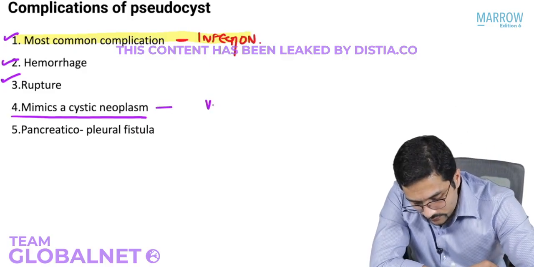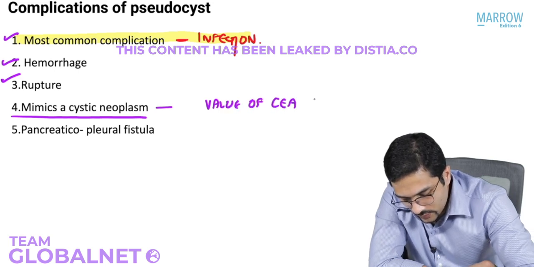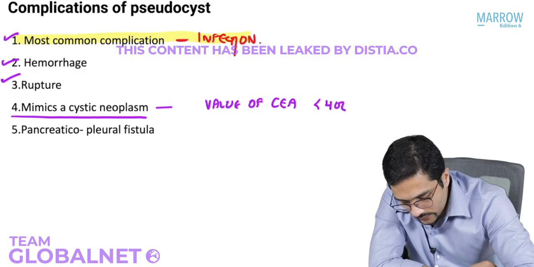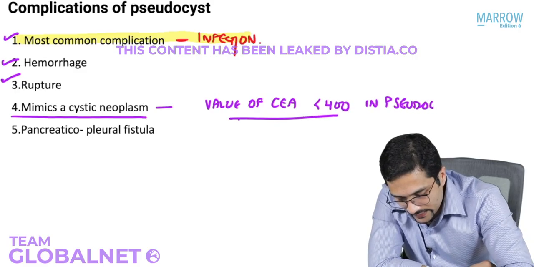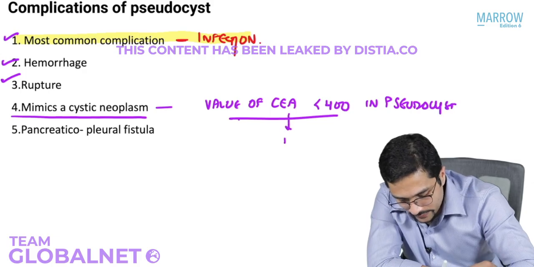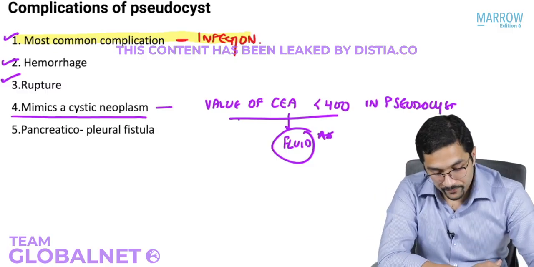The value of CEA, carcinoembryonic antigen, would be less than 400 in pseudocysts. The value of CEA in the fluid of this cyst will be less than 400 in patients with pseudocysts.